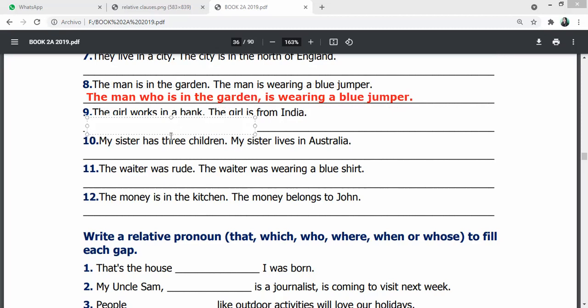Next, the girl works in a bank. The girl is from India. So this is similar like the exercise number 8. It's similar.